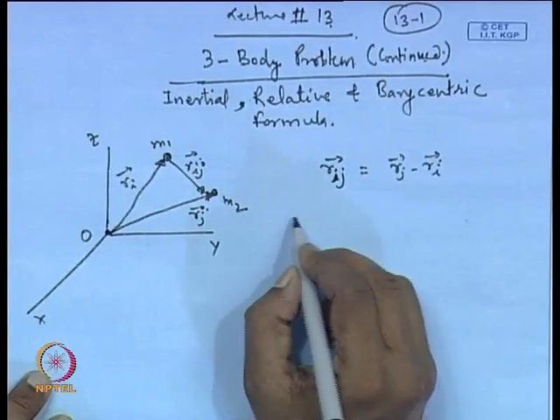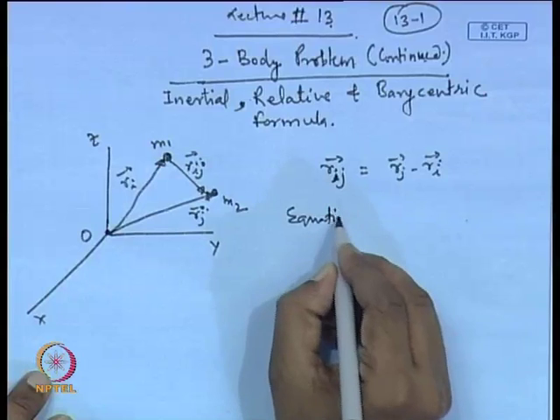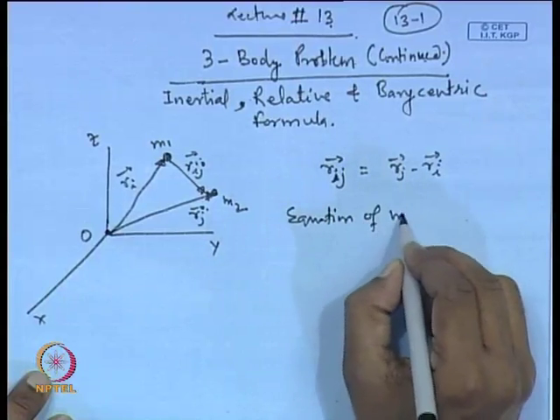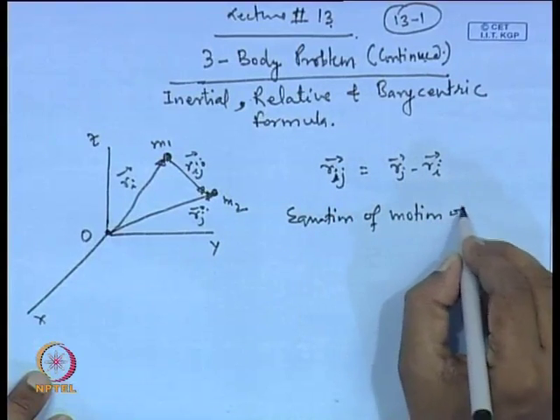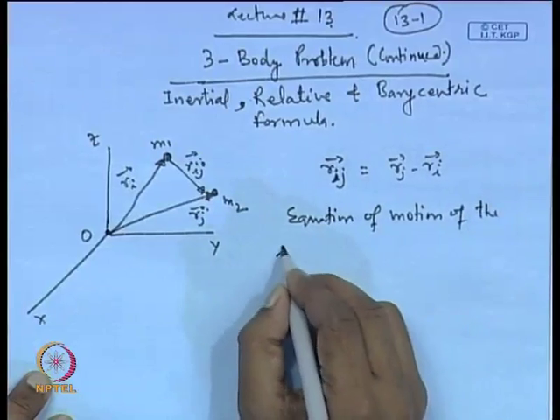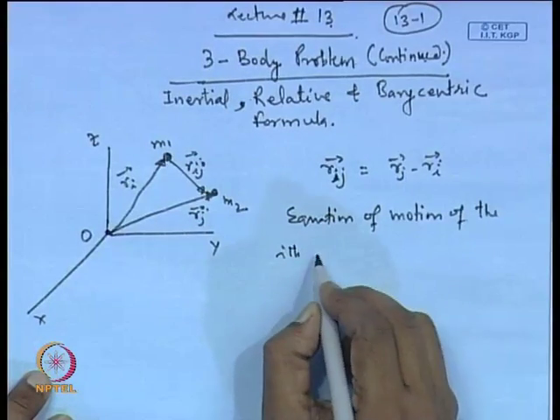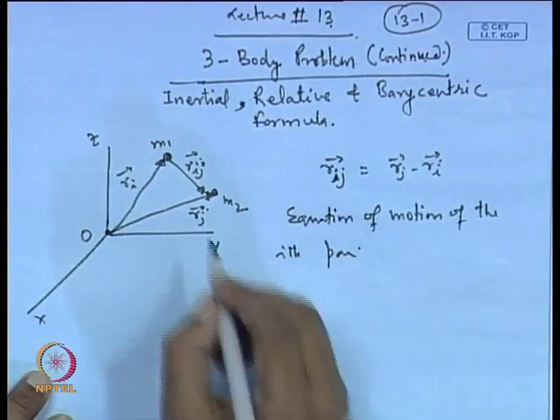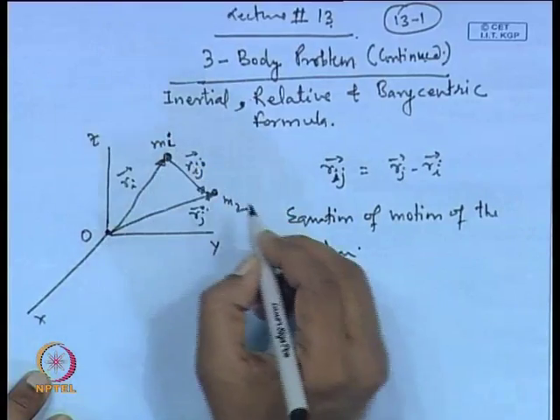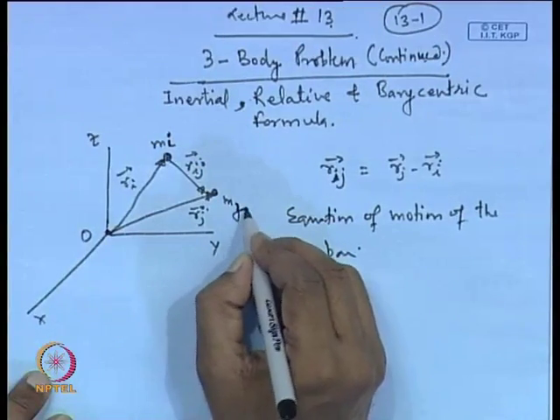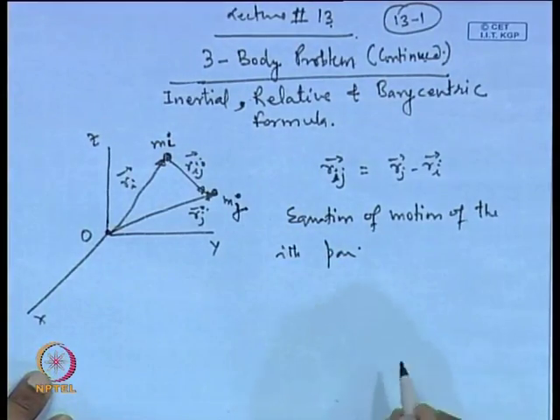Then the equation of motion of the ith particle. Here we write this as m_i and m_j, instead of writing m_2.